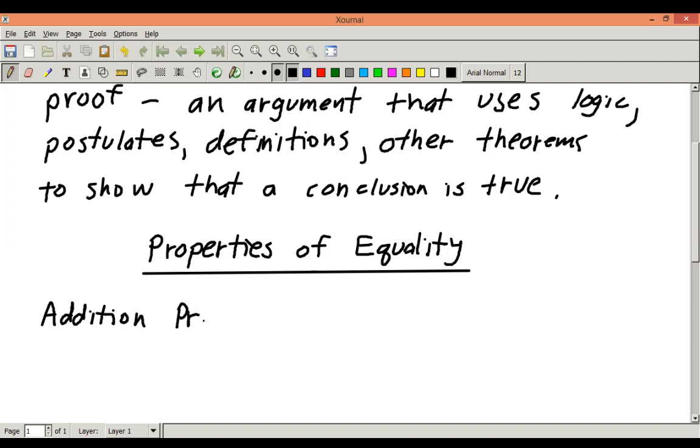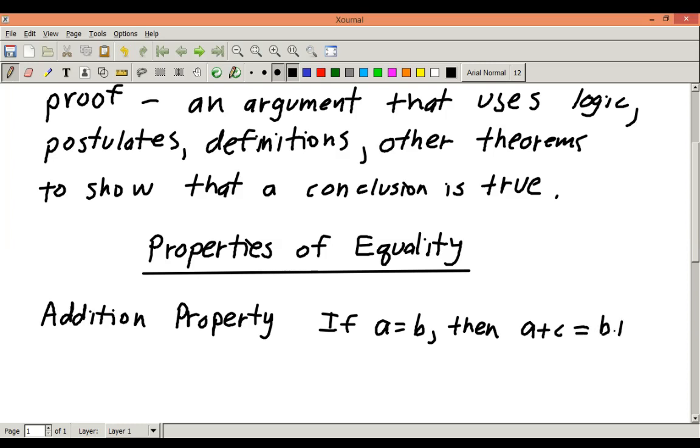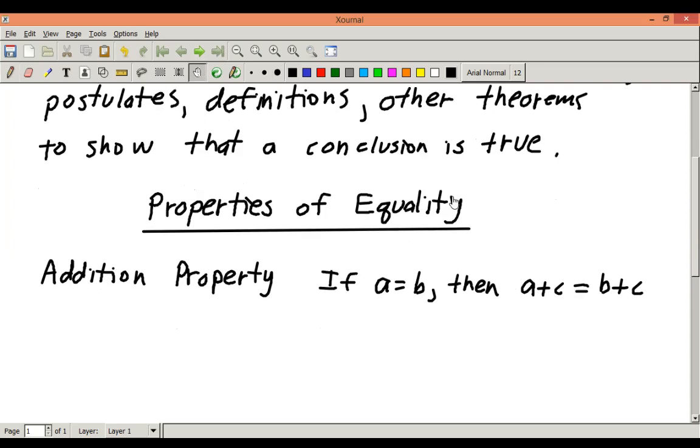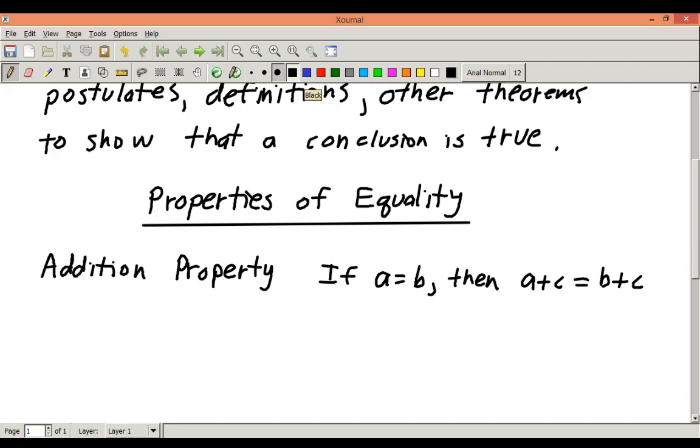You've been using this ever since you started algebra to solve equations. And that just says if A is equal to B, then A plus C is equal to B plus C. So in other words, when you add something to both sides of an equation, you're using the addition property of equality.